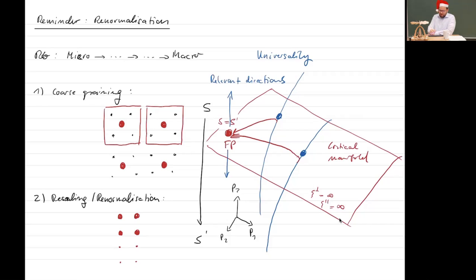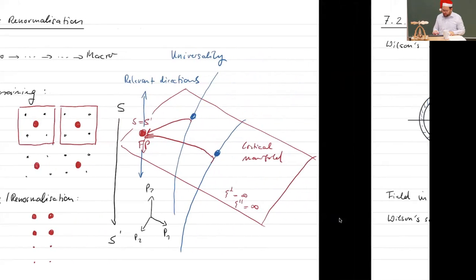If we ask how quickly the renormalization flow is driven out of the critical point, orthogonal to the critical manifold, then we can derive our exponents from this. The exponents tell us how fast the system goes out of the critical manifold once we renormalize. So that's the general idea.